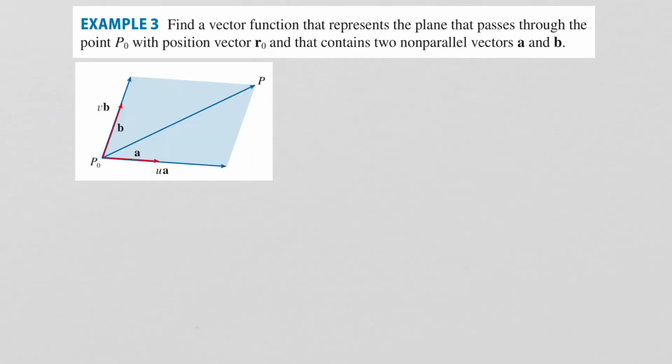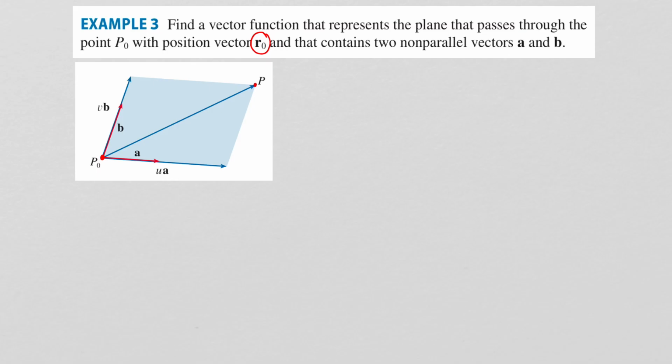Next, let's find a vector function that represents the plane that passes through the point P0 with position vector r0 and that contains two non-parallel vectors a and b. If we think of the initial point P0 as being the terminal point of a vector in standard position, then we can basically think of the point P0 as being r0. Now, the key is, how do we get all the other points in the plane?